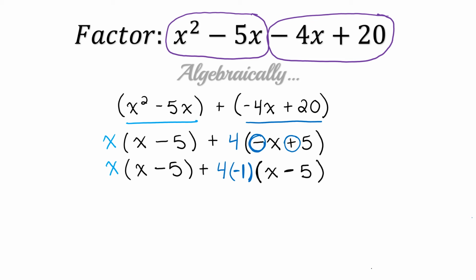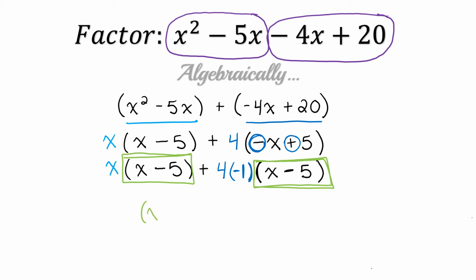And now we can recognize the common factor between each of our groups. We have this x minus 5 in each of our products, so we can factor that out.